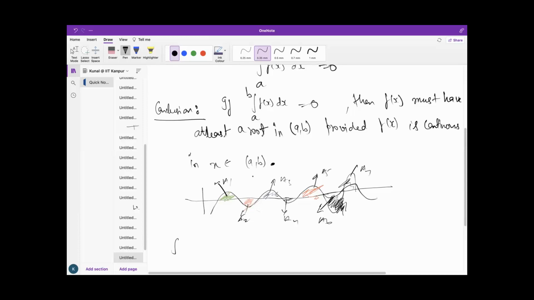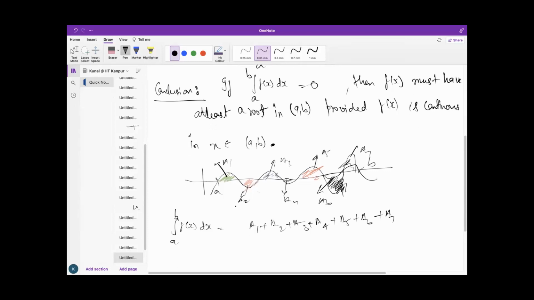This is A, this is B, the integral of f(x) dx, and it seems like it's continuous in A to B. So our area is A1 plus A2 plus A3 plus A4 plus A5 plus A6 plus A7.